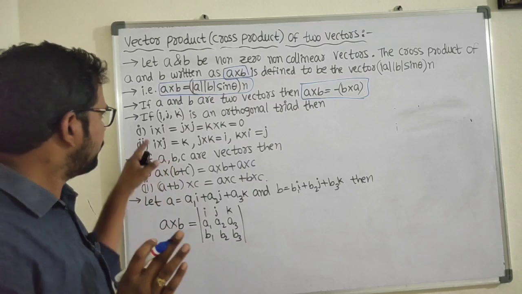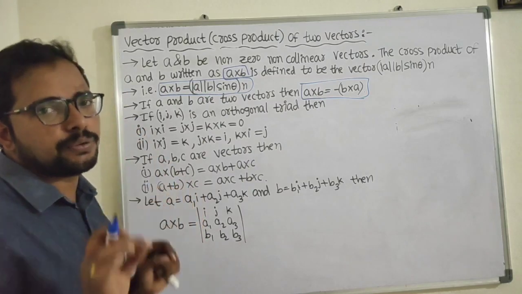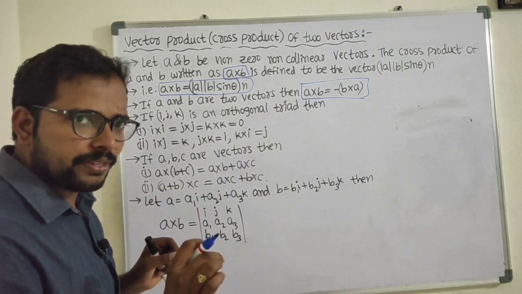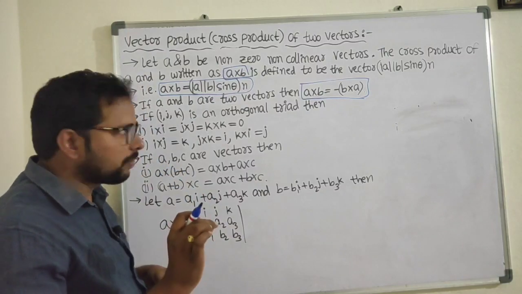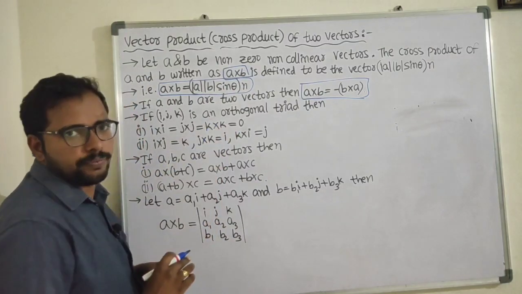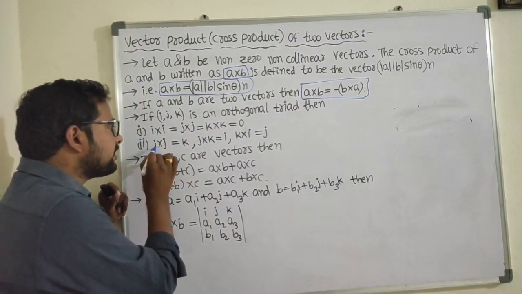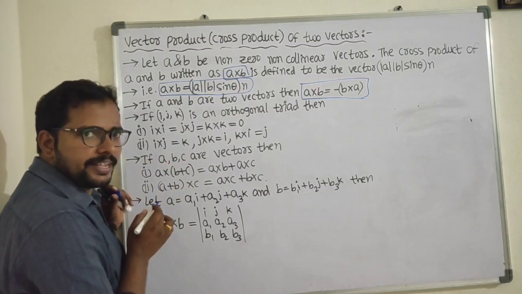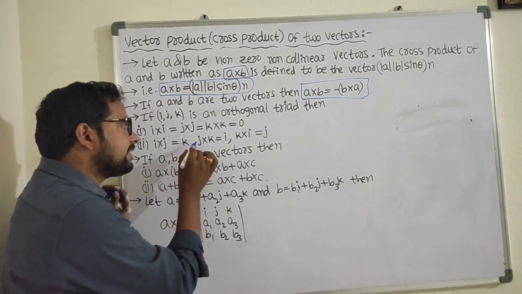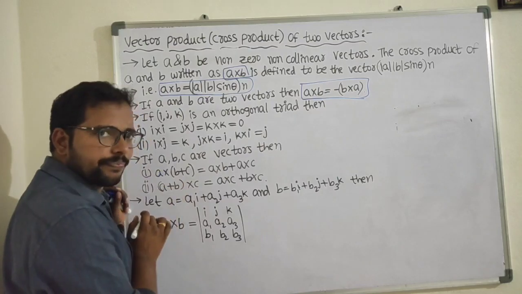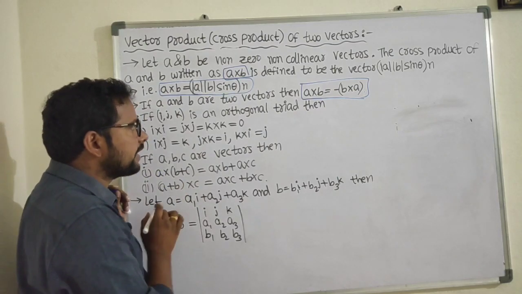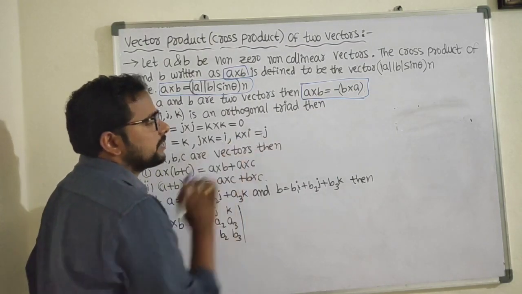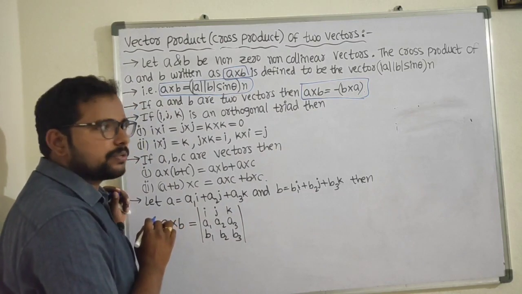Same vector cross product gives 0. And i cross j is equal to k, j cross k is equal to i, k cross i is equal to j.